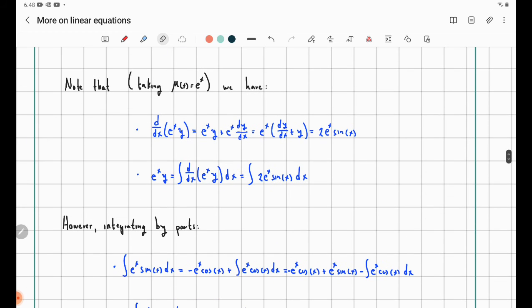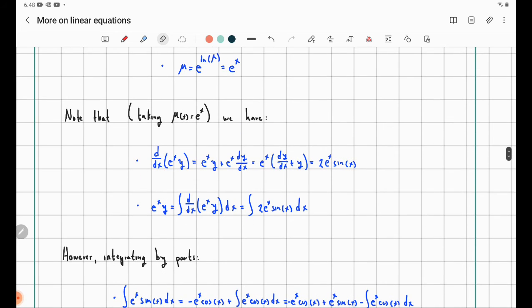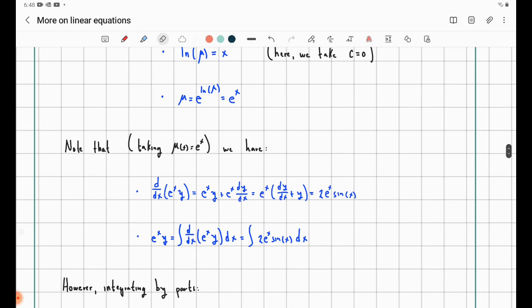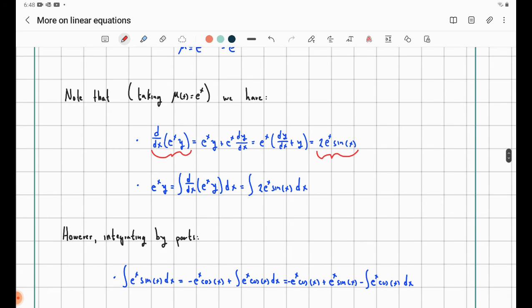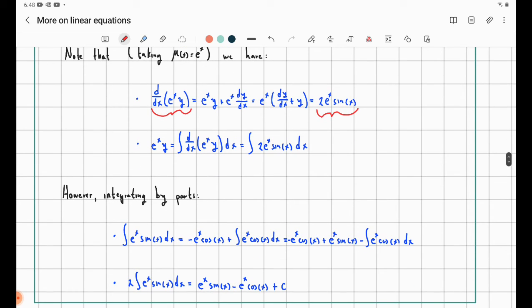Now, if you multiply both sides of the original equation by e to the x, then the left-hand side becomes the derivative of the product of the integration factor times y, and the right-hand side is 2 times e to the x times the sine function. Then you can take the integral on both sides.